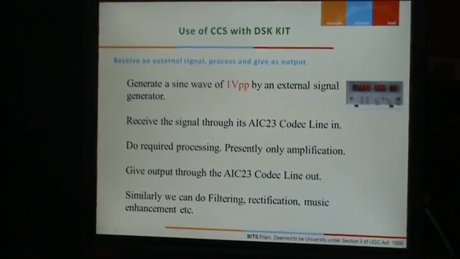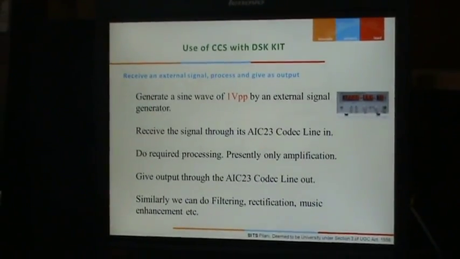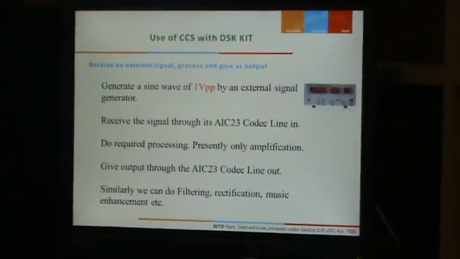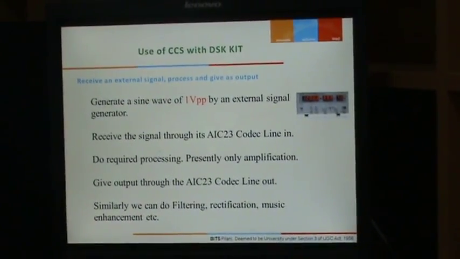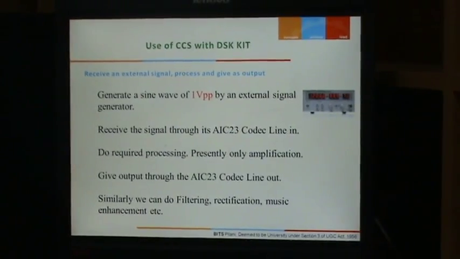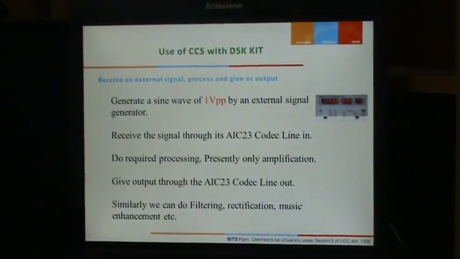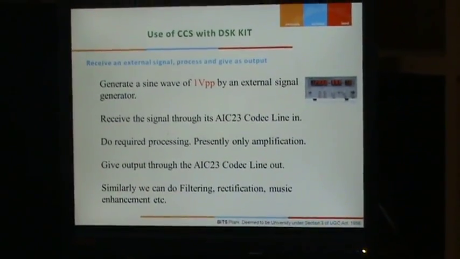The way you write the code, accordingly the processing will be done. As our objective here is to learn how to work with the DSP kit to get the input, do simple processing of amplification and give the output, that is why we will be limiting our experiment today only to amplification.